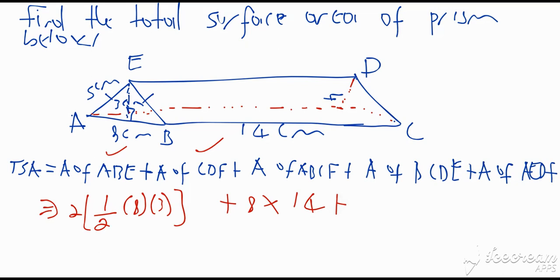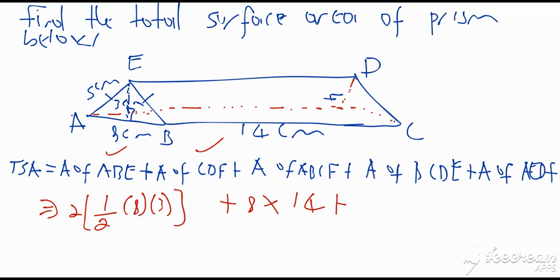What about the area of BCDE? BCDE is that side there. Because the cross section is an isosceles triangle, that face, BCDE, and the back face, AEDF, have the same area. So once I find the area of one of them, I can simply multiply the area by 2. This is only applicable because it's an isosceles triangle.